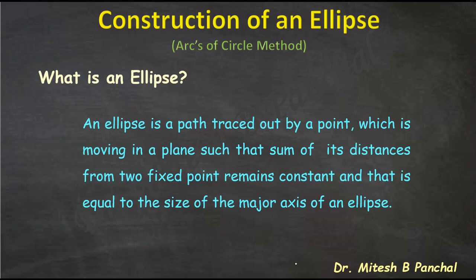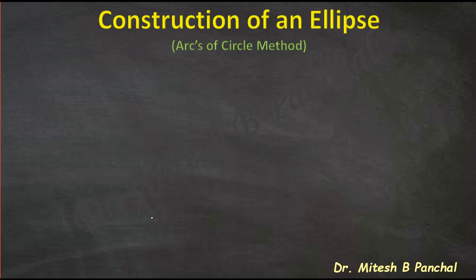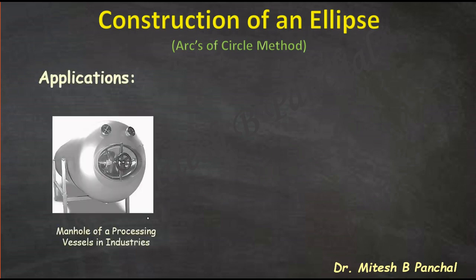After the definition is clear, now we will see the applications of an ellipse. In the engineering field, the manholes of processing vessels in industries are of elliptical shape, through which a person can enter inside the vessel for maintenance.